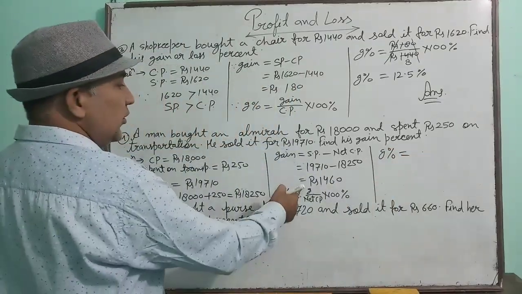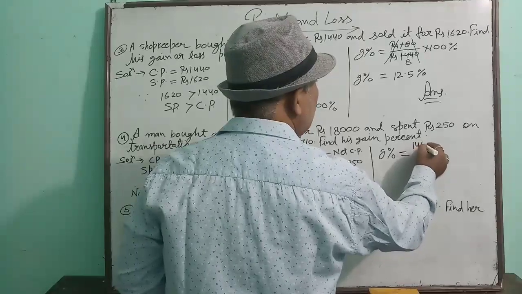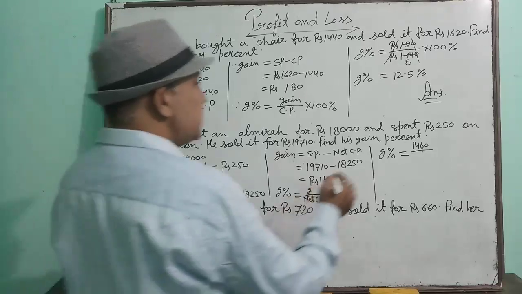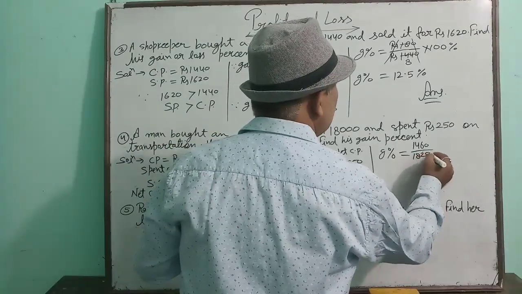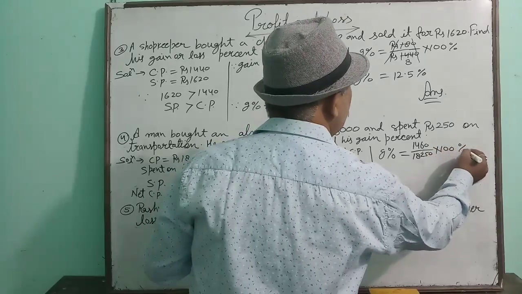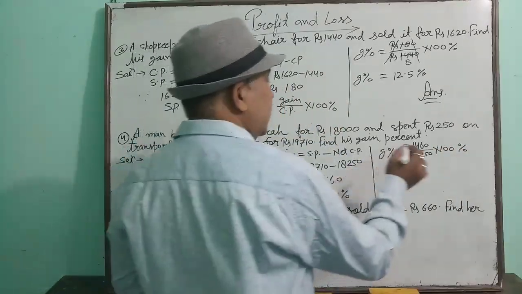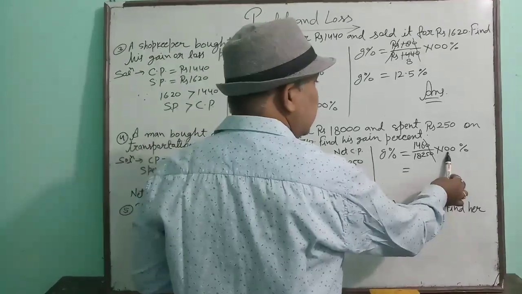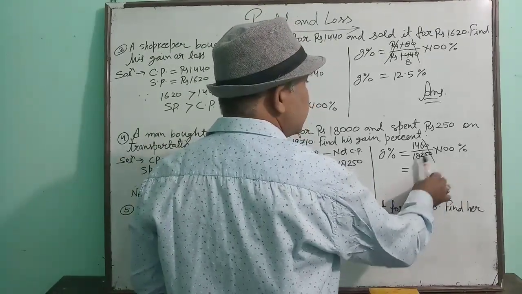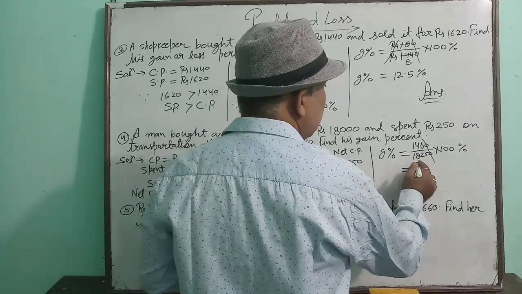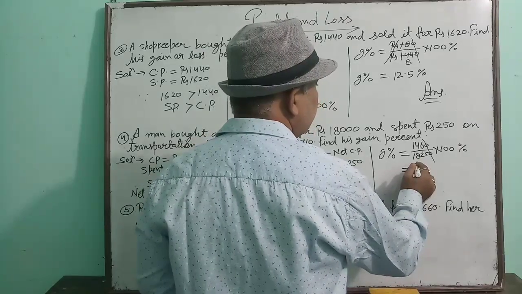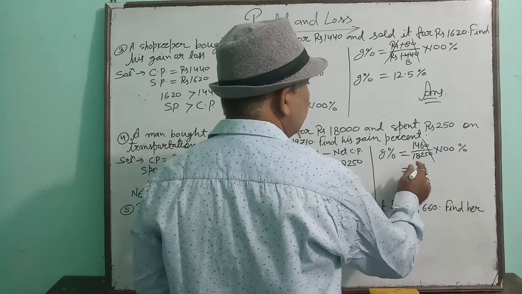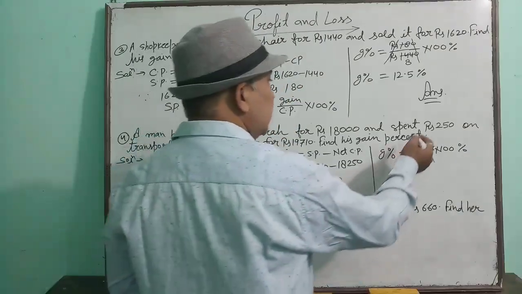Okay, now solve this one and get your answer. Gain percent is equal to gain, 1,460, upon net cost price, 18,250, into 100%. Now solve these and get your answer. 0 to 0 cancel.